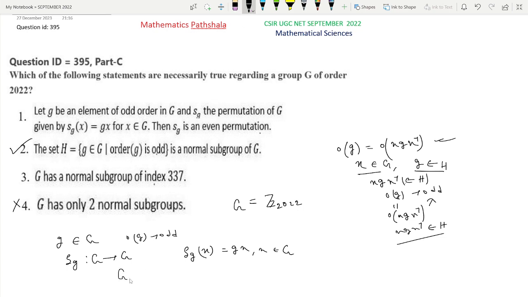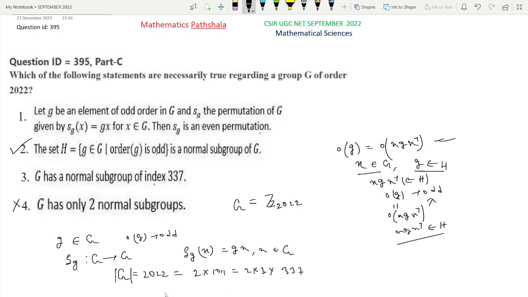So let us now calculate. See here, G is a group of order 2022 that can be written as 2 into 1011, that is also written as 2 into 3 into 337.